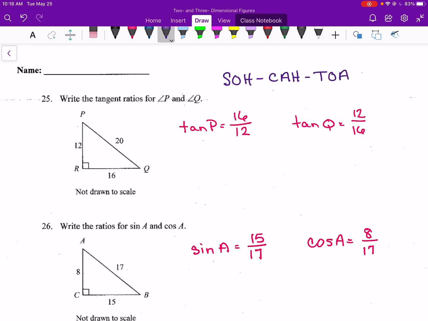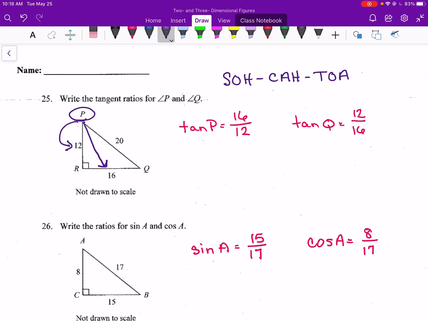tangent is opposite over adjacent. All right, so number 25, we're asked to write the tangent ratios for angle P and angle Q, and I already have most of the answers written on this, so we'll just talk about where they come from. Find your angle, so here's P. Tangent is the TOA, so it is the opposite, which is 16, over adjacent, which is the 12.